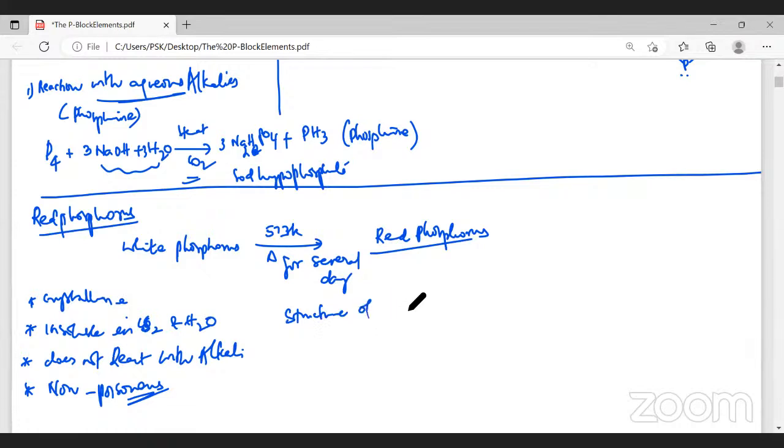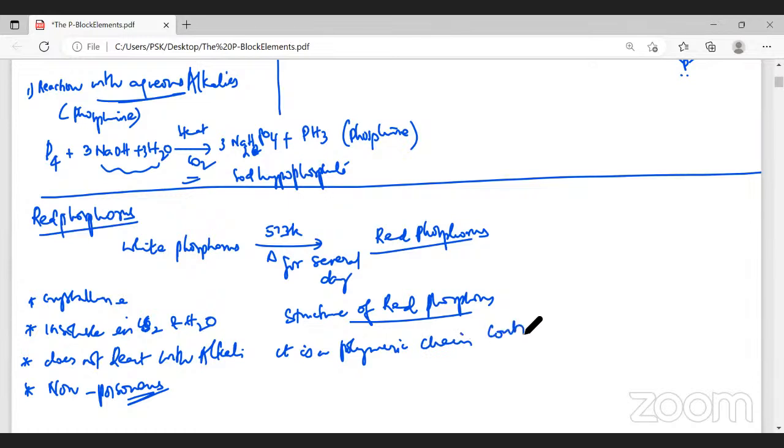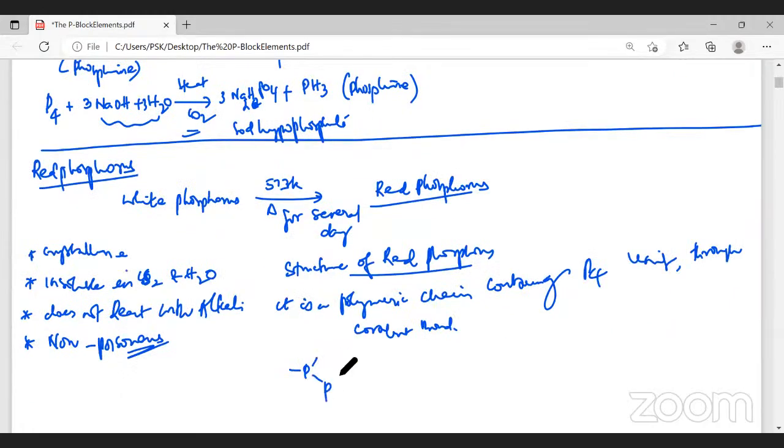They can ask you the partial structure of red phosphorus. It is a polymeric chain containing P4 units through covalent bonds. For example, if you take a phosphorus like this, this is a phosphorus, this is a phosphorus.